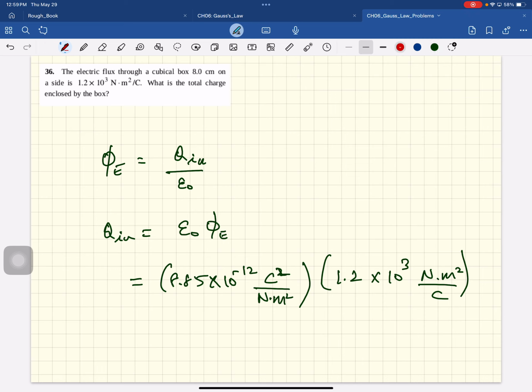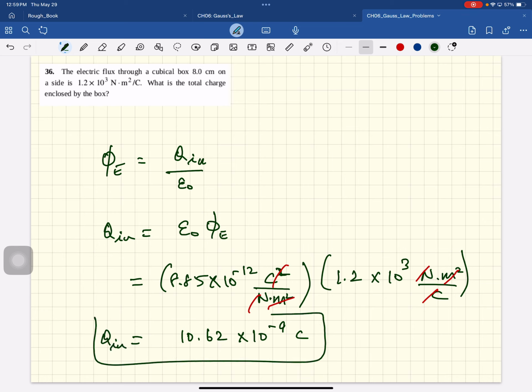And you can see all the units cancel. So you get 10 nanocoulombs.